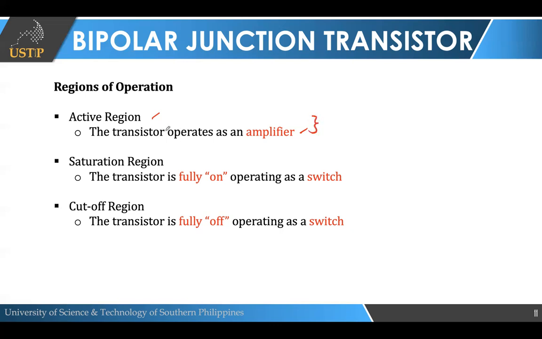Okay? An active region is where the region of operation, based on the biasing, is active. The other 2 regions are the saturation region and the cutoff region.